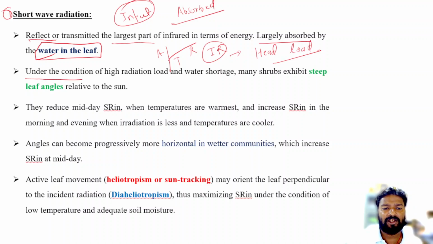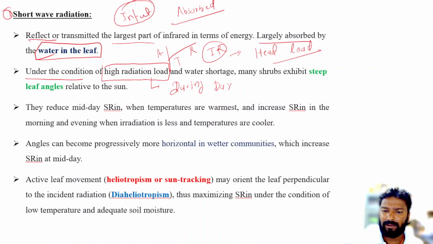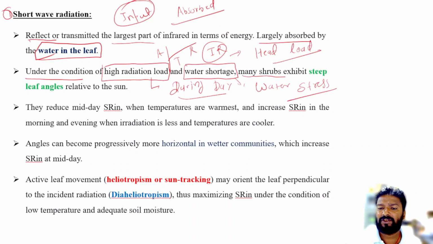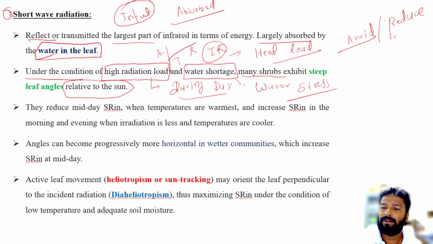Under the condition of high radiation load, during the daytime, and also when there is a shortage of water, so there is water stress, many shrubs change their leaf angles, meaning they steepen their leaf angles relative to the sun, so they avoid or reduce solar short wave absorption.